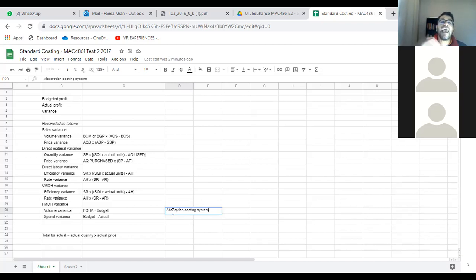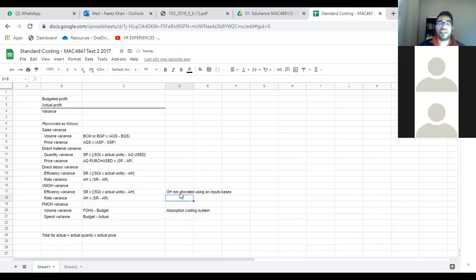So you can only have a volume variance if you are using the absorption costing system. Similarly over here, you can only have an efficiency variance for variable manufacturing overheads if overheads are allocated using an input basis.